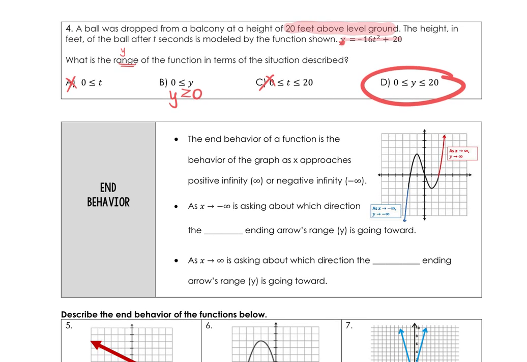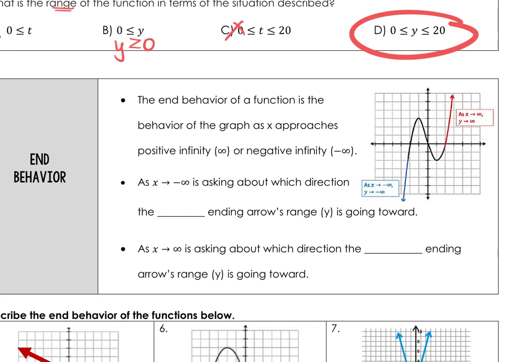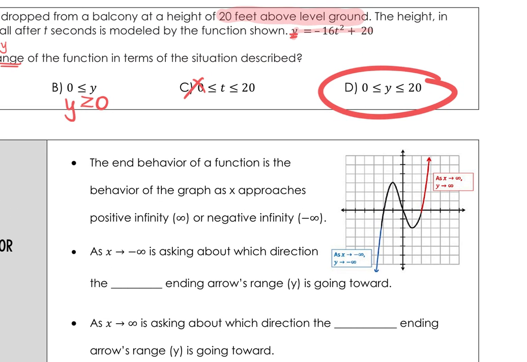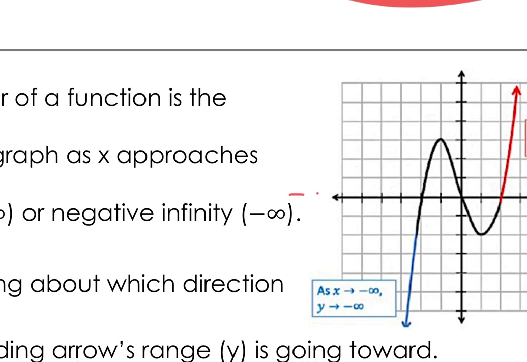Real quick here, we're going to talk about end behavior. End behavior is a characteristic that continuous functions have that discrete didn't, which is why we didn't talk about it yesterday. End behavior of a function is the behavior of the graph as x approaches positive infinity or negative infinity. As x approaches negative infinity, the x-axis is our horizontal axis, so negative infinity would be over this way.